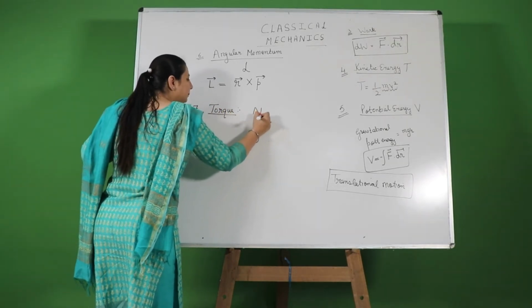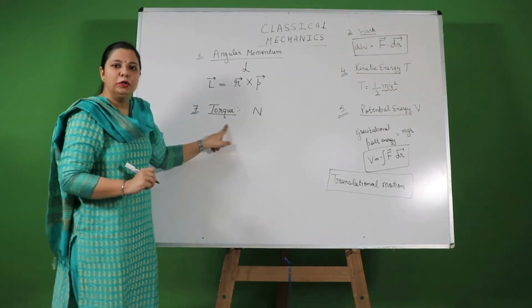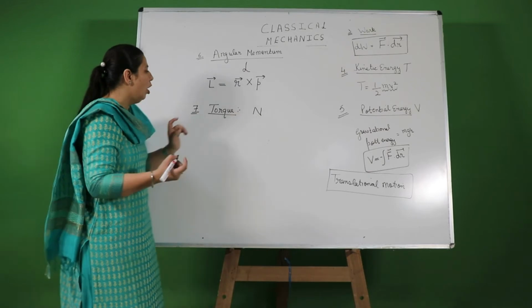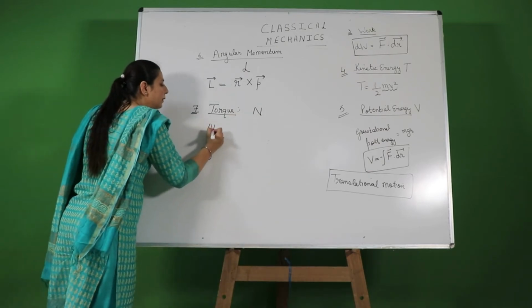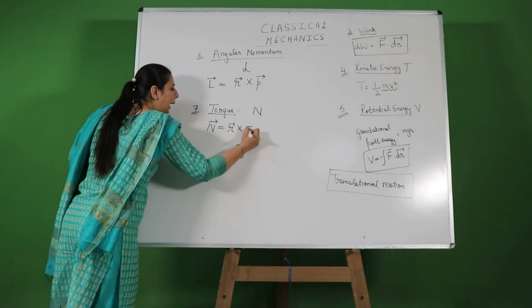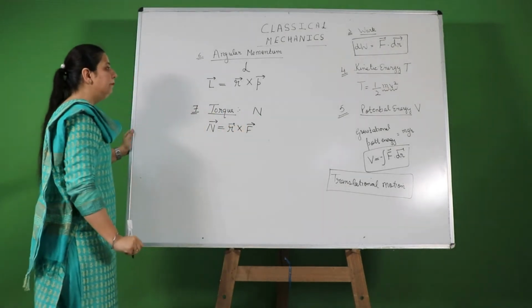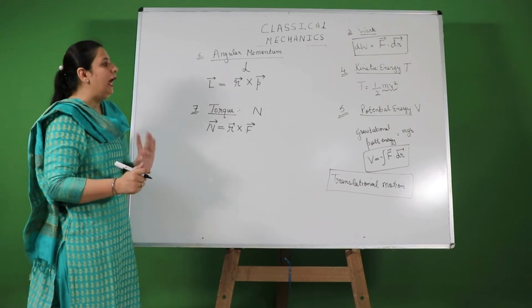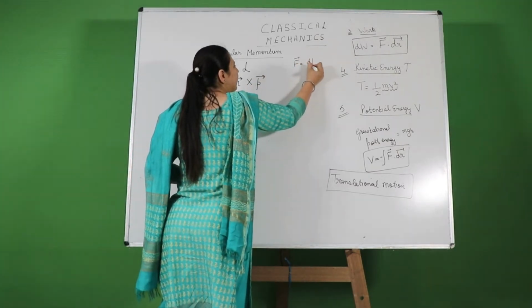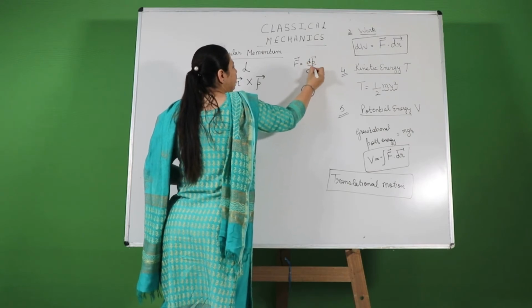Torque is N. It is analogous to the force in translational motion. So what is torque? Torque is defined as the moment of the force, R cross F. And as you know, if you remember, we have written F equals dP by dt.